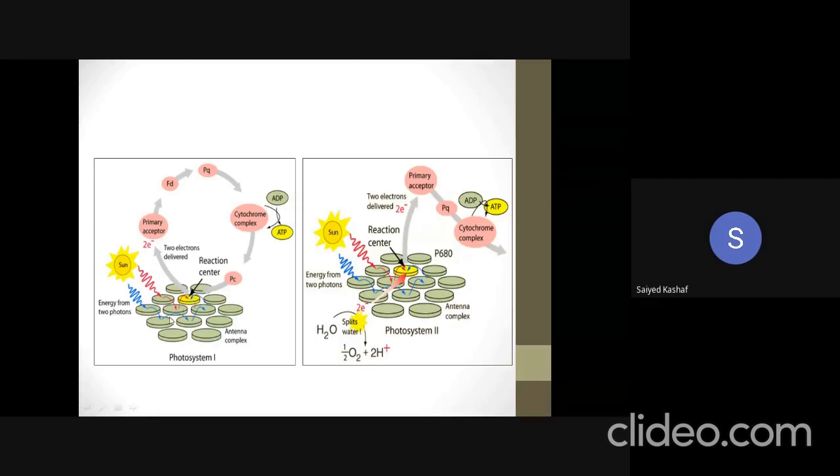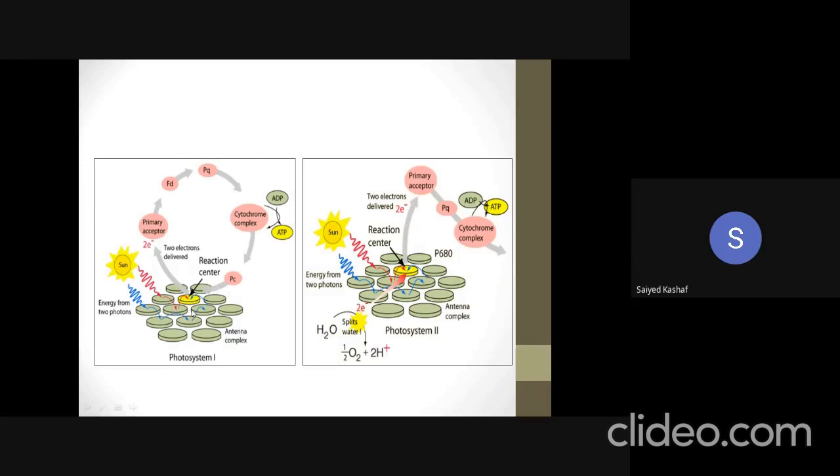So these accessory pigments transfer their energy to the reaction center, and when these reaction centers are full of energy, they emit their electron. This electron is first captured by the primary electron acceptor, and forms a hole inside this PS1 system.